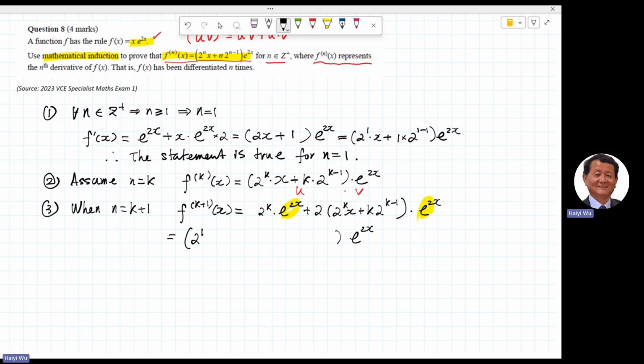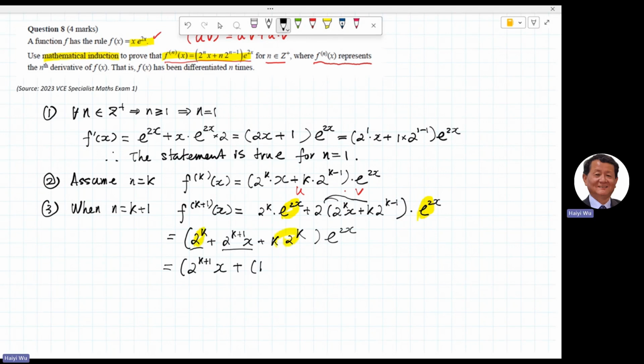So inside the bracket is 2 to the power of k plus, now expanding the brackets, it will be 2 to the power k plus 1 times x plus 2 times k times 2 to the power of k minus 1, which becomes 2 to the power of k. So I'm going to put e to the power 2x here. Now obviously we can move this one to the front, and put these two terms together.